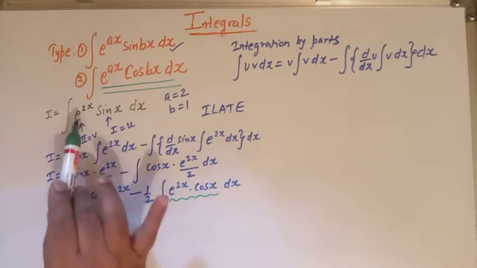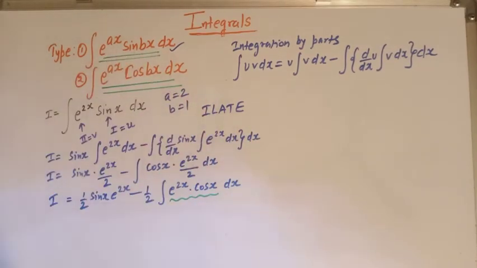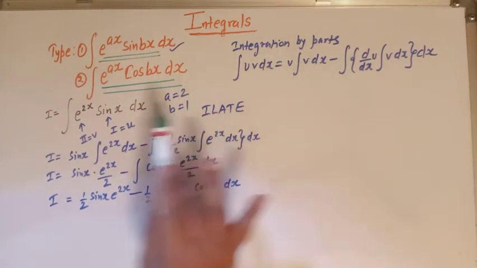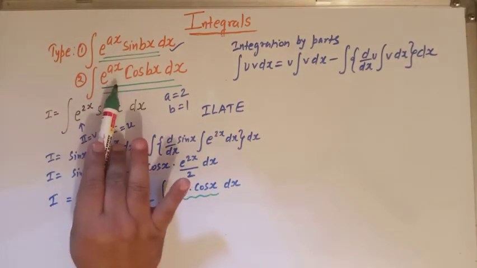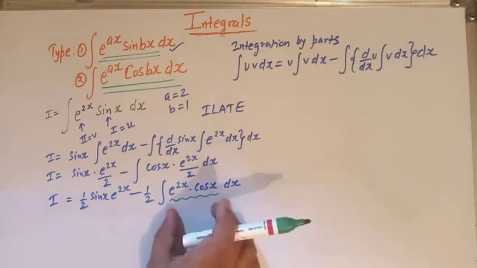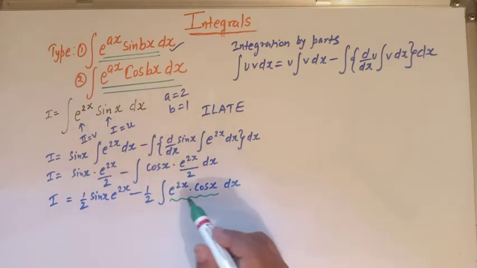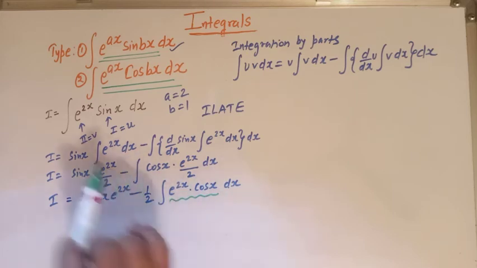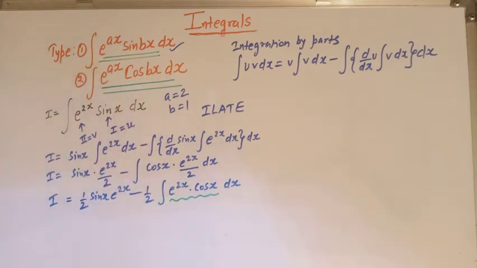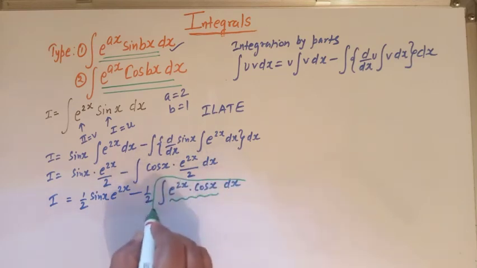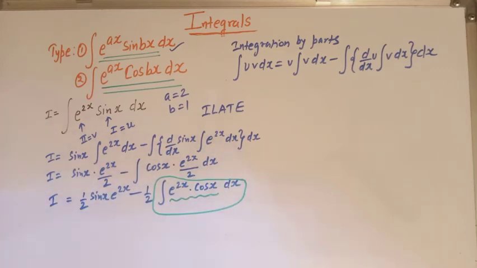Initially we had an integral of this type, and when we applied the method of parts to it, we obtained an integral of a second type. If we again apply the by parts rule to this integral, we again get an integral of this type. So let us now apply integration by parts to this integral.